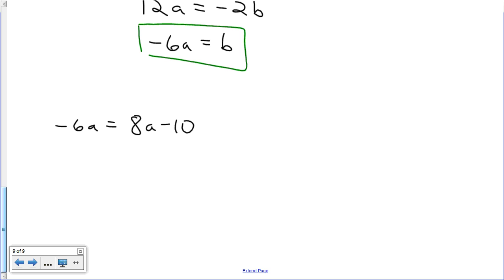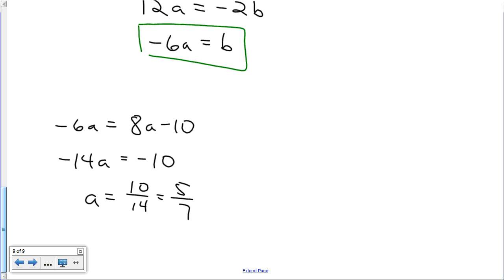I'm going to subtract the 8a to get a negative 14a is equal to a negative 10. And solving for a, when I divide by a negative 14, of course the negatives will cancel out. So you'll have 10 over 14, or that simplifies down to 5 over 7. So a turns out to be 5/7.